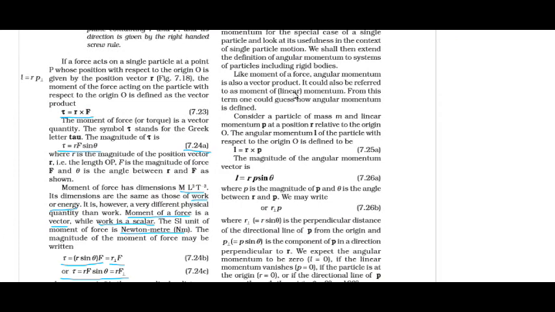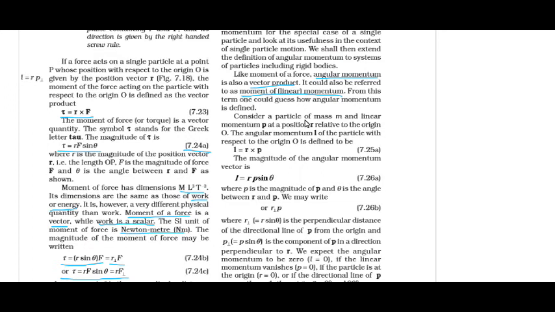Like moment of a force, angular momentum is also a vector product. It could be referred to as the moment of linear momentum. From this term, one could guess how angular momentum is defined.